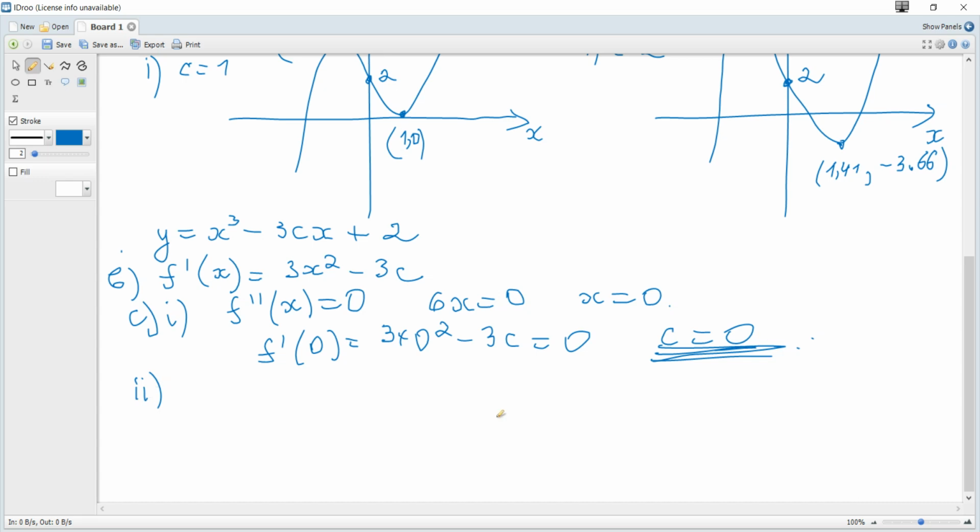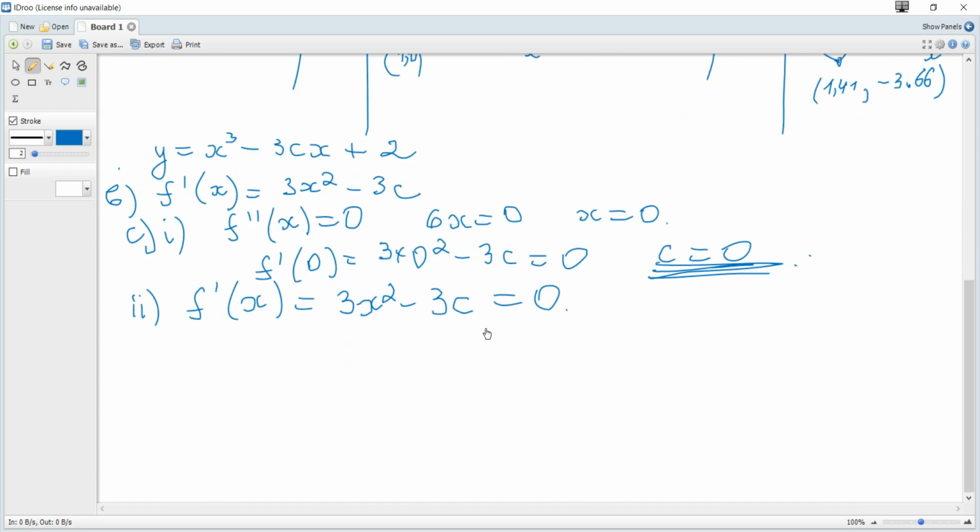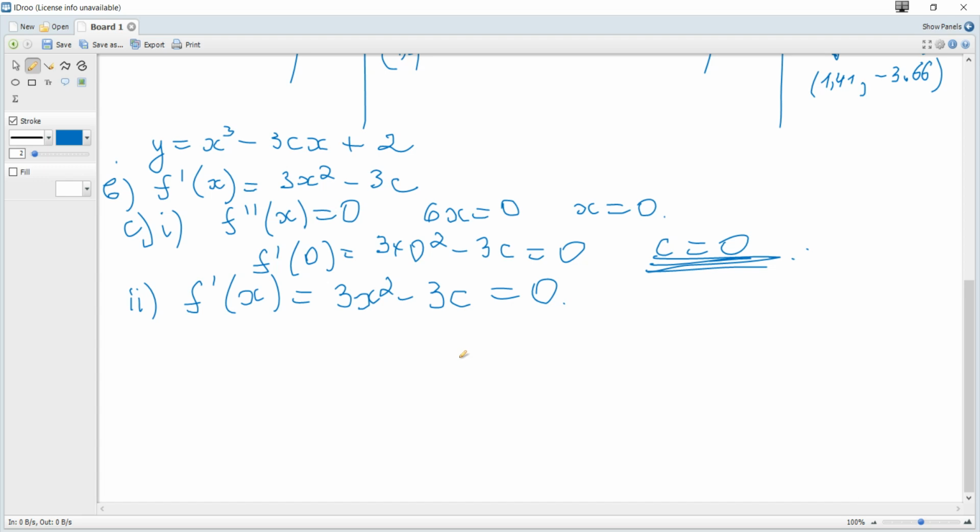Next, (ii) one local maximum point and one local minimum point, 2 marks. So there must be two turning points, and the necessary condition is that the first derivative should be 0, and there must be two solutions.